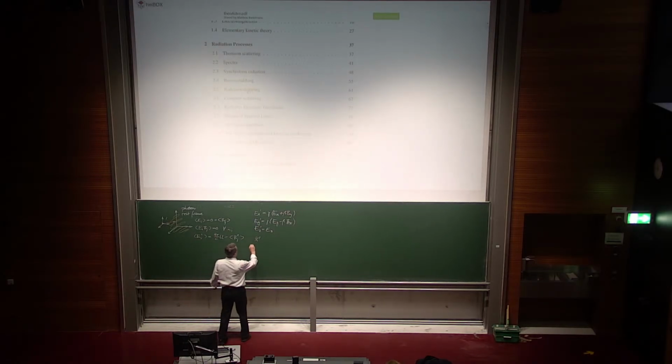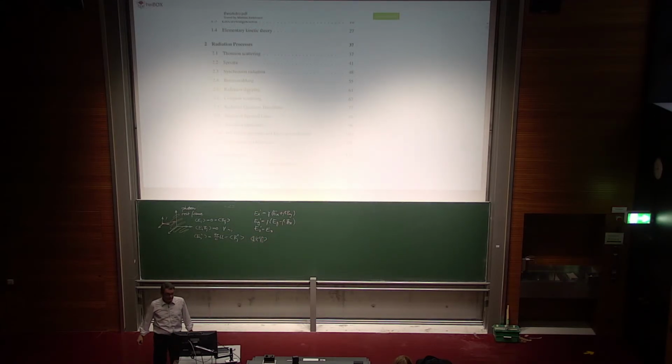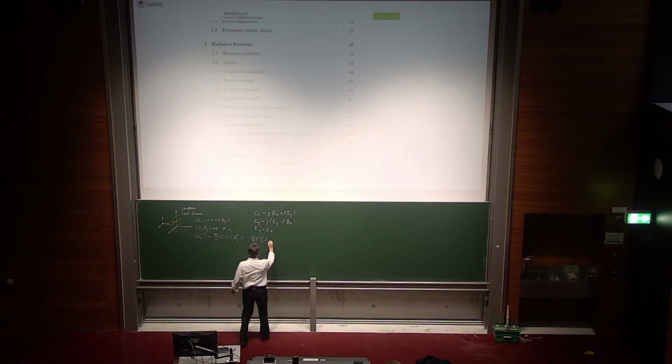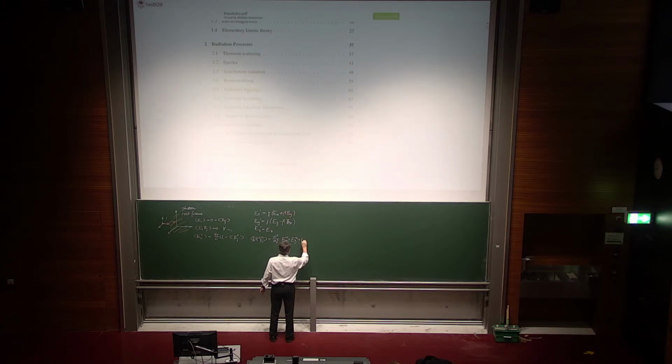But I know that the mean acceleration, well, I need it squared anyway, right? So the mean acceleration squared is now given by e squared divided by m_e squared times Ex prime squared plus Ey prime squared plus Ez prime squared.